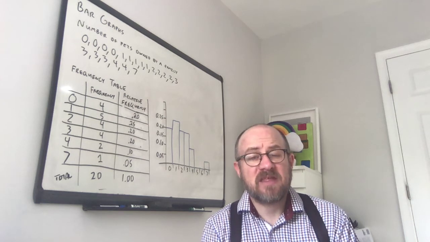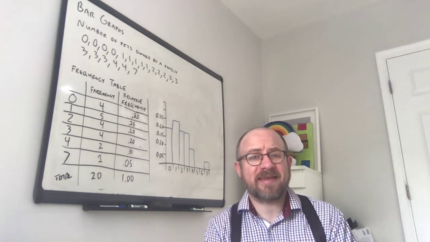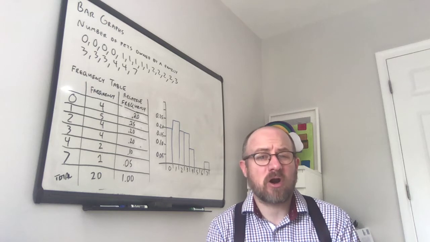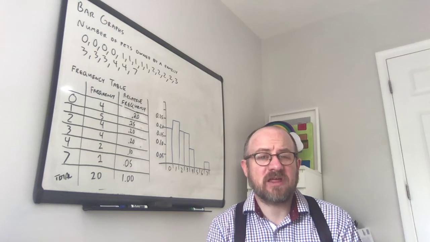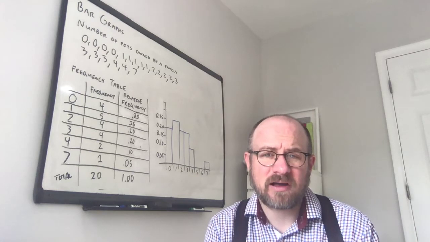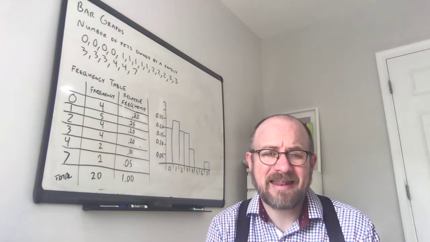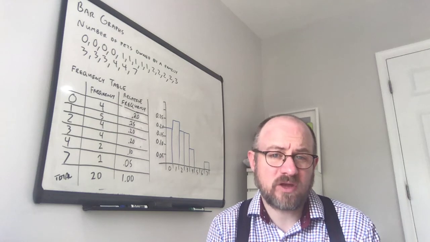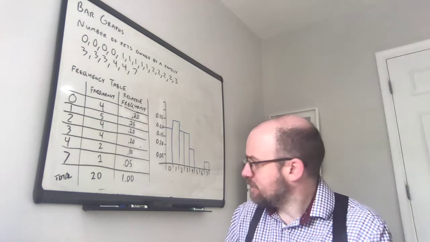Okay? In the next video, we're going to look at what's called a histogram, which is a type of bar graph for dealing with quantitative continuous data. But before I move on to that, I want to talk a little bit about the different ways we can use bar graphs. Okay?